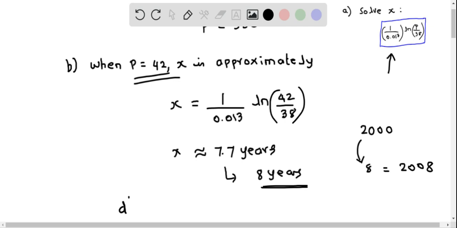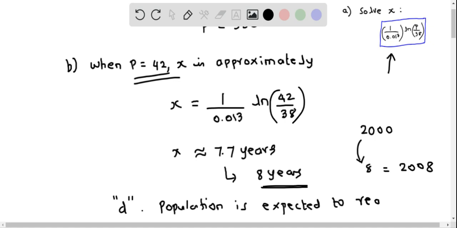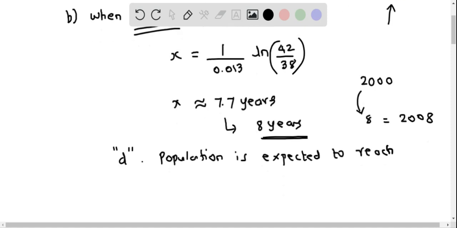So therefore, we choose the answer option D, which says that the population is expected to reach 42 million in year 2008, or it's given as during 2008.